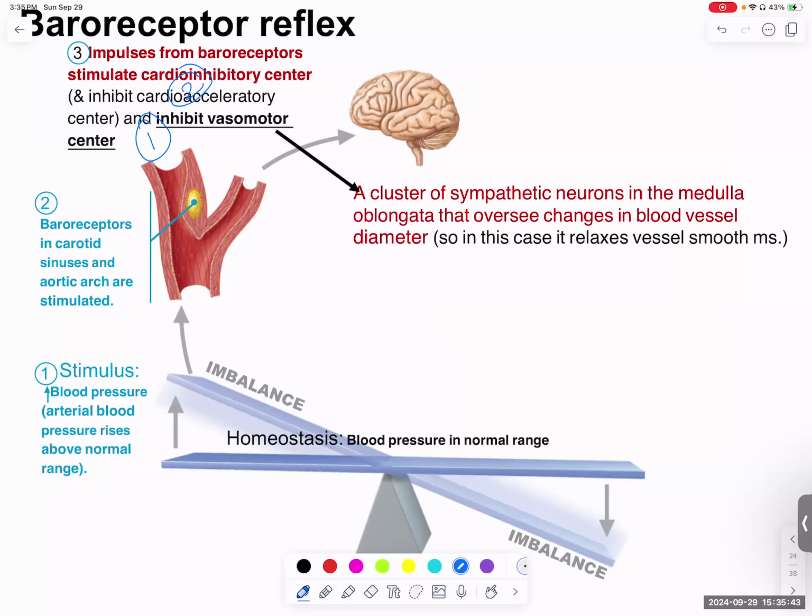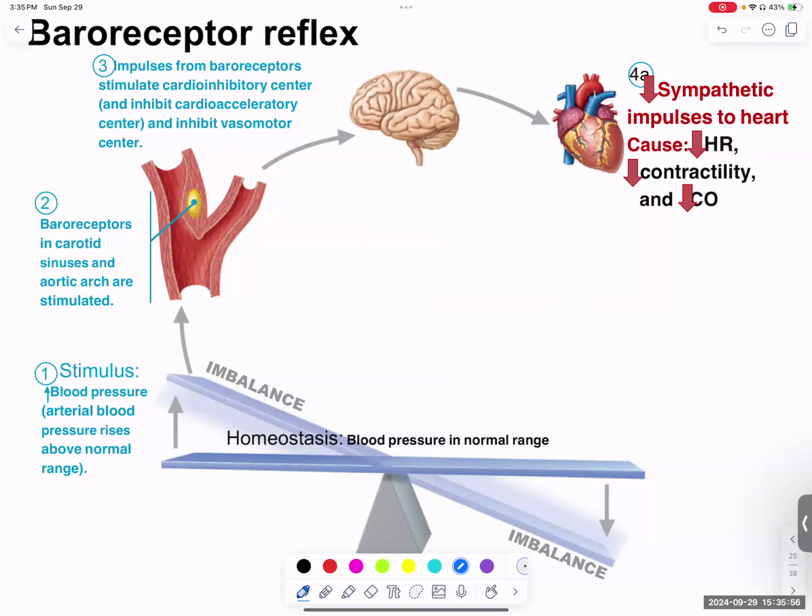Well, there's a cluster of sympathetic neurons in the medulla oblongata, your brainstem, that oversee changes in blood vessel diameter. So that's vasomotor. But the cardio centers are also going to cause a decrease in the sympathetic impulses to the SA node, which is going to decrease heart rate. And then it's decreasing action potentials to the heart muscle.